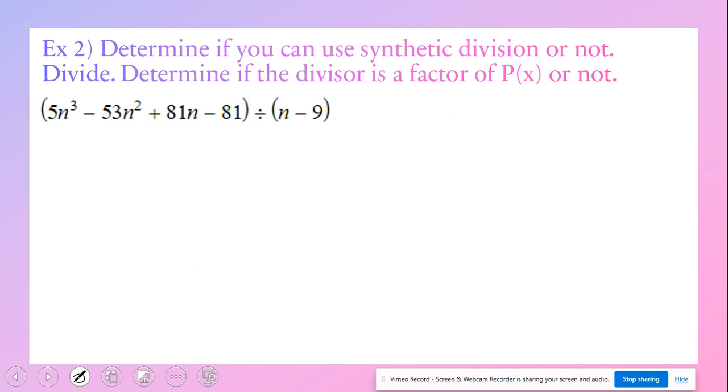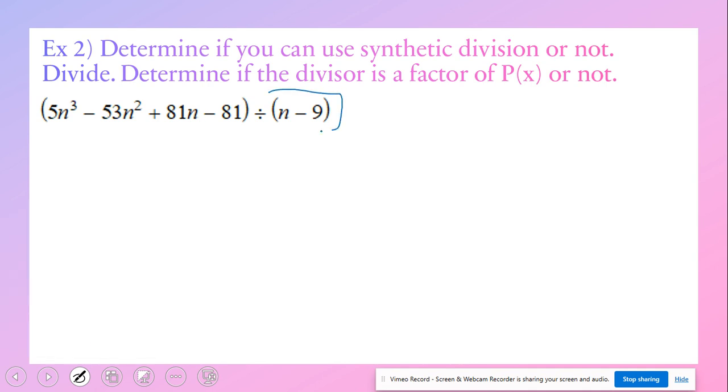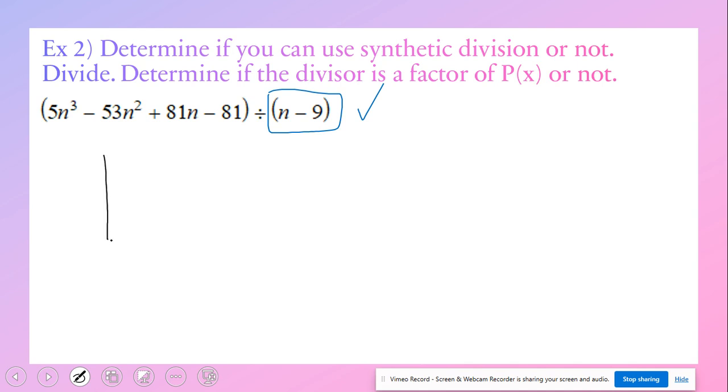5n to the third minus 53n squared plus 81n minus 81, all divided by n minus 9. First things first, are we able to use synthetic division or not? Since it is divided by n minus 9, yes, we are allowed to use synthetic division. I like to write out my coefficients first: 5, minus 53, plus 81, minus 81.